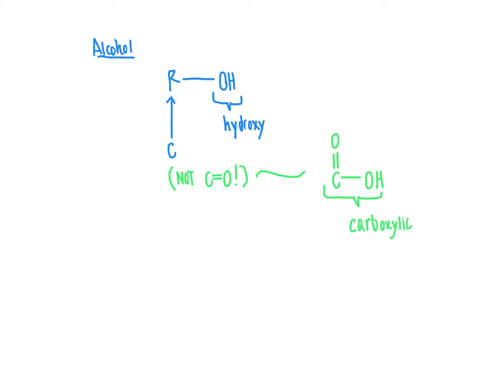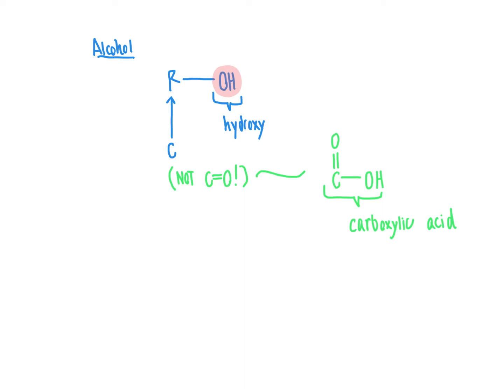So be aware when you are looking for alcohols that the hydroxy group, the OH group that we see in the structure, can be bonded to a variety of carbon chains, rings, or branched groups, but it just can't be directly bonded to a carbonyl group, because if it is, that makes the structure a carboxylic acid instead.